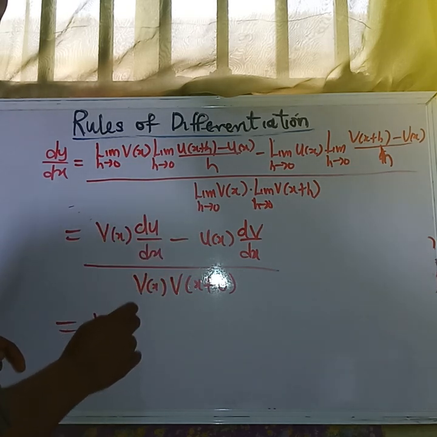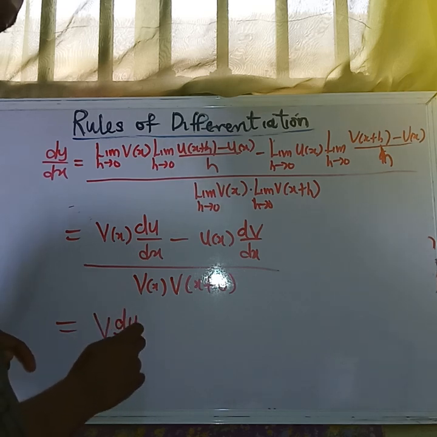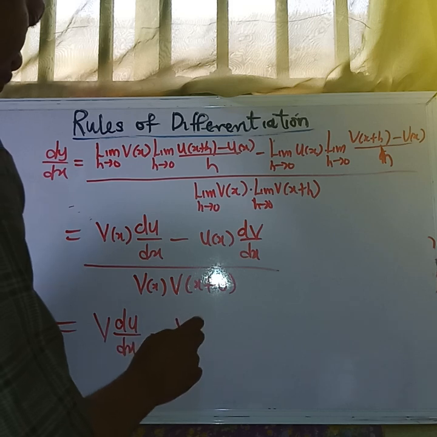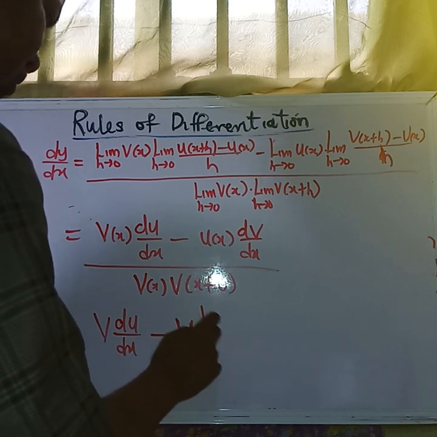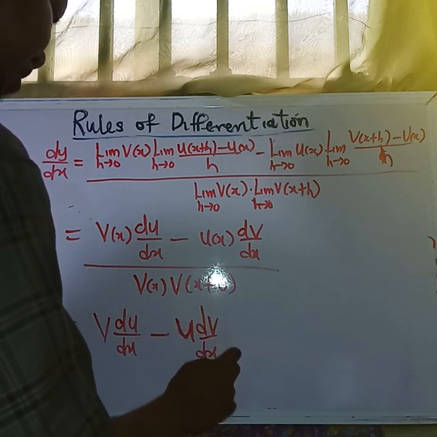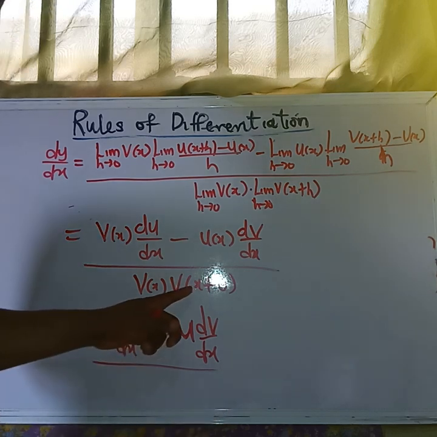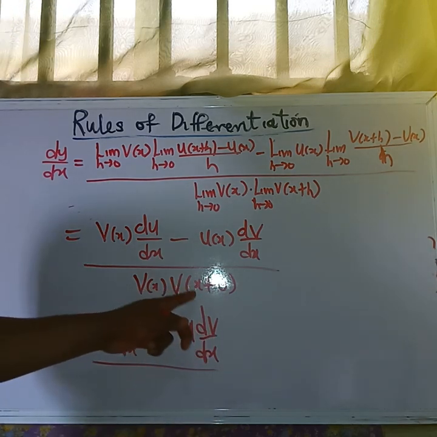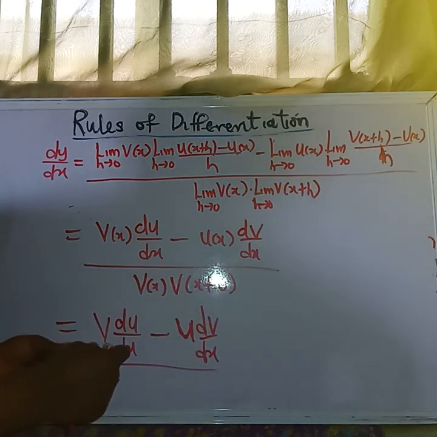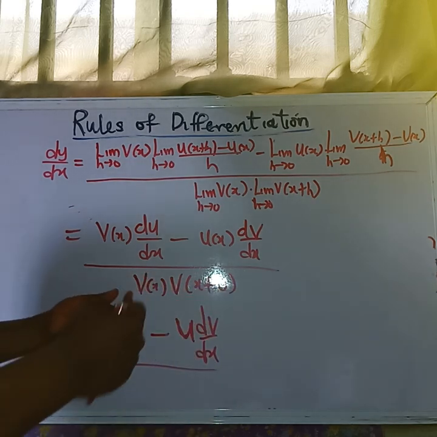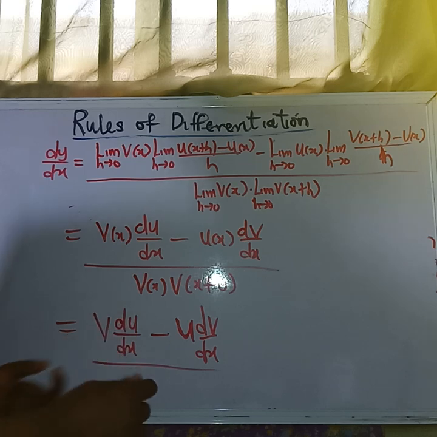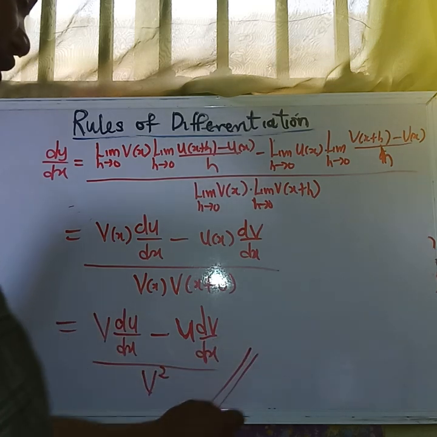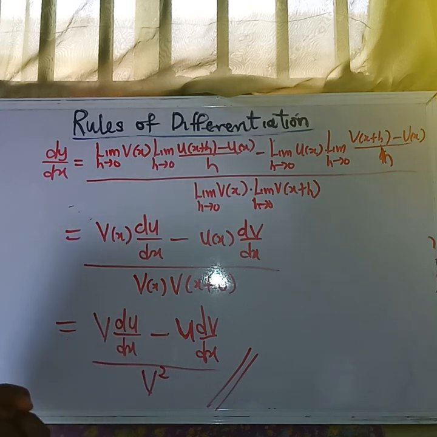So this will be v du dx minus u dv dx, everything over, x plus 0 is x. So this is v of x multiplied by v of x, that will be v of x squared. Let's maintain v, so v squared. This is how we obtain the quotient rule too.